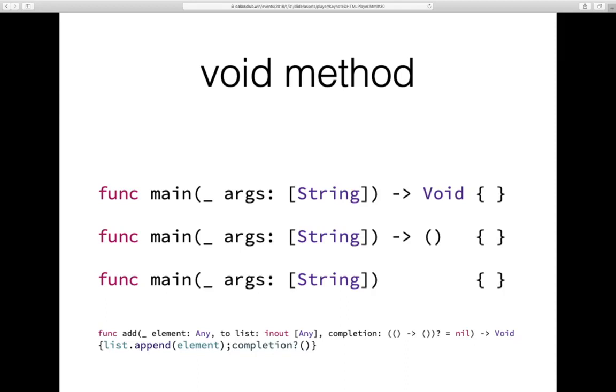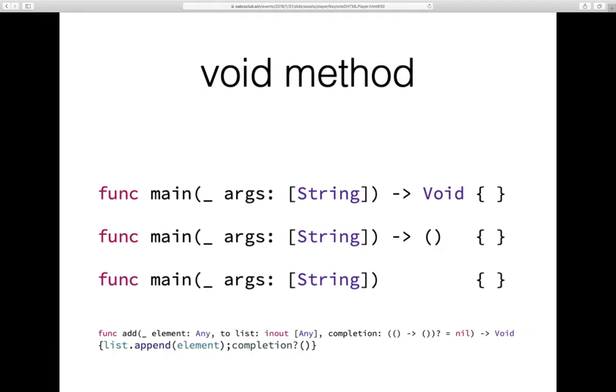So, a function in Swift is defined by the func keyword, and this is the function name. A function in Swift is a method in Java because it's an encapsulation of a bunch of code that executes a particular task.